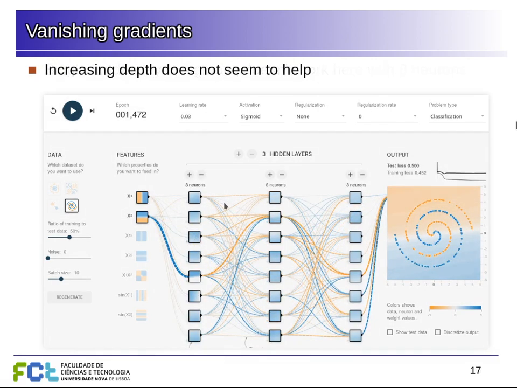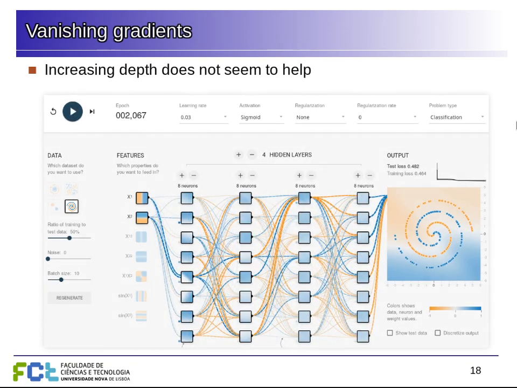So one thing we can do is to add layers here, and that would be a more practical way of increasing the classification power. But even after, say, almost 1500 epochs, with the sigmoid activation, we are still not able to learn a good classification of this data. And adding hidden layers doesn't seem to work.